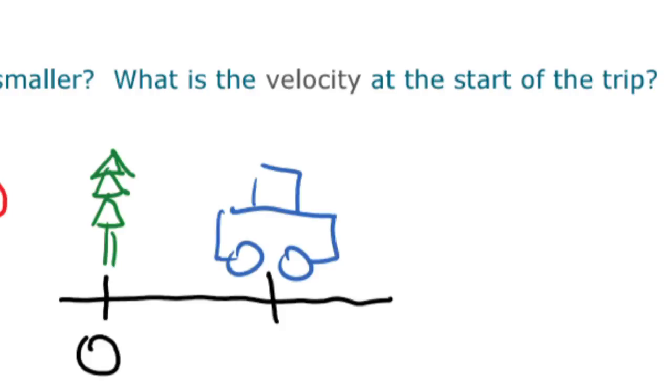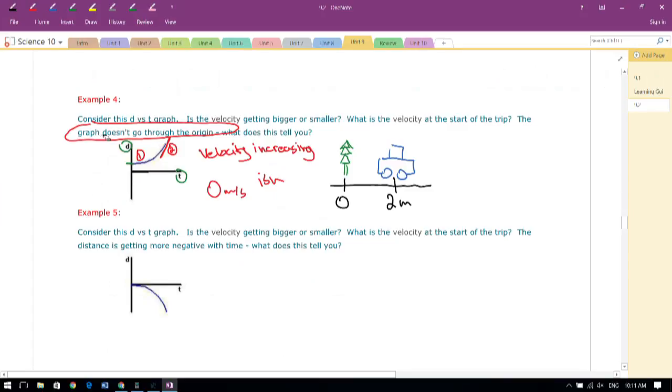All right, so here's my car. Let's say I'm 2 meters away from the tree. What would that look like on a graph? Yeah, Eric, you got it. So if I look at the graph again, let's pretend like there's no numbers on this graph, but I can just put in numbers as long as they're relative to one another. That's fine.